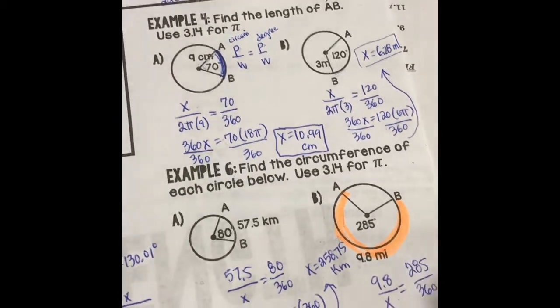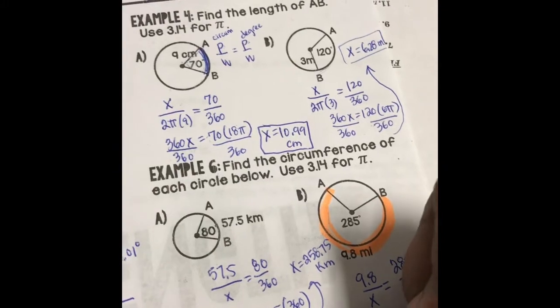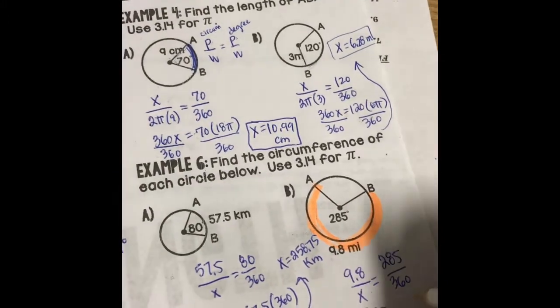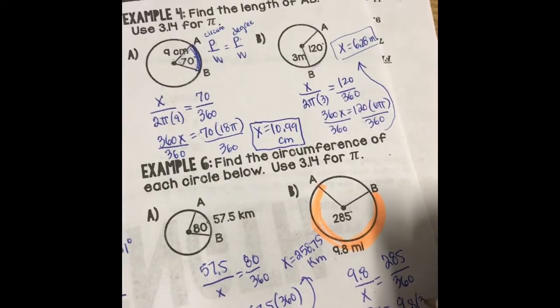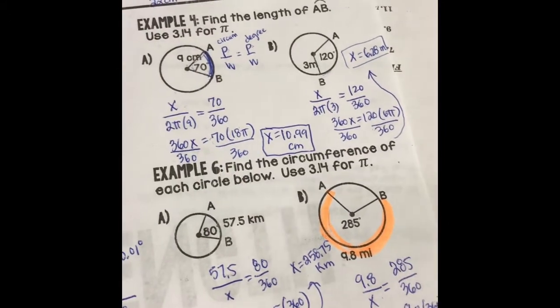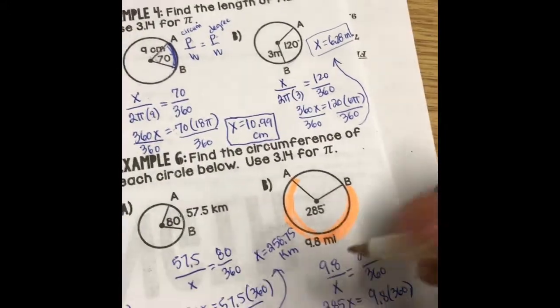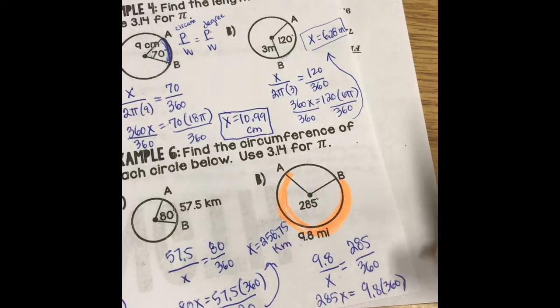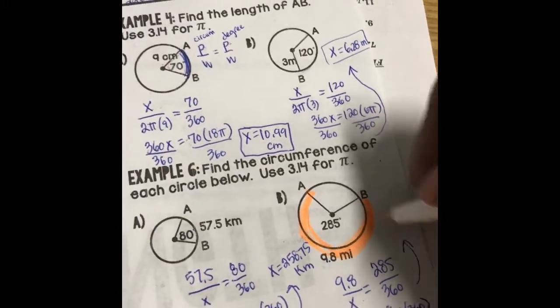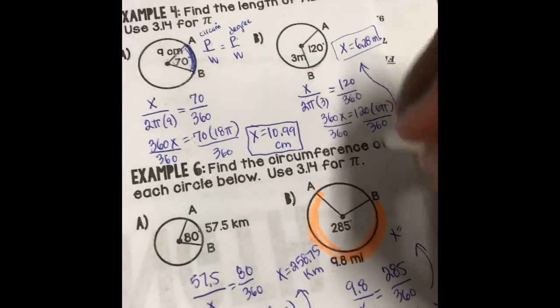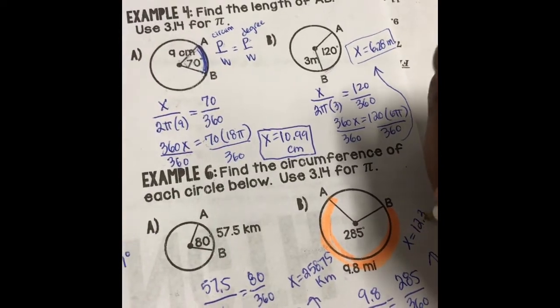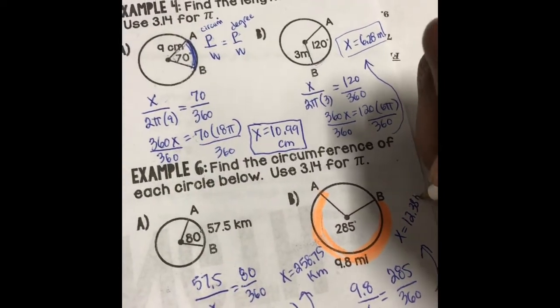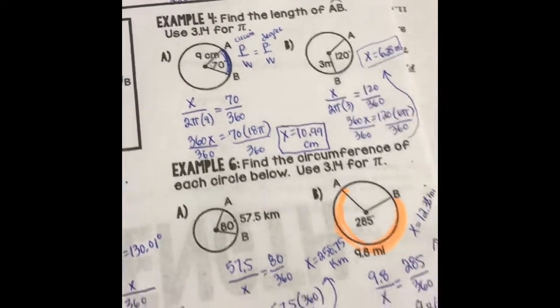We're going to cross multiply here. So that's 285x is equal to 9.8 times 360. Okay? Divide both sides, because we're solving for x, by 285. And your answer is 12.38. Make sure you have those units, miles.